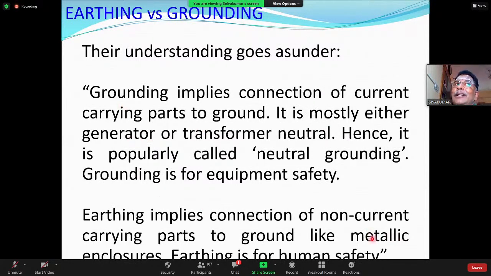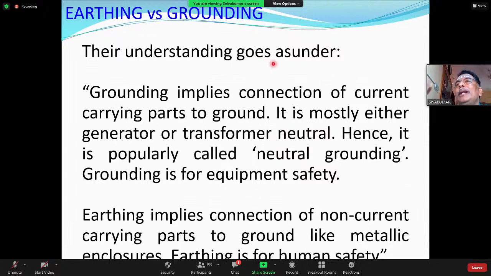They consider that to be earthing, and they say that earthing is for human safety. These people who feel that earthing and grounding are different give this explanation: grounding is system earthing, and earthing is equipment earthing. This is what they say.